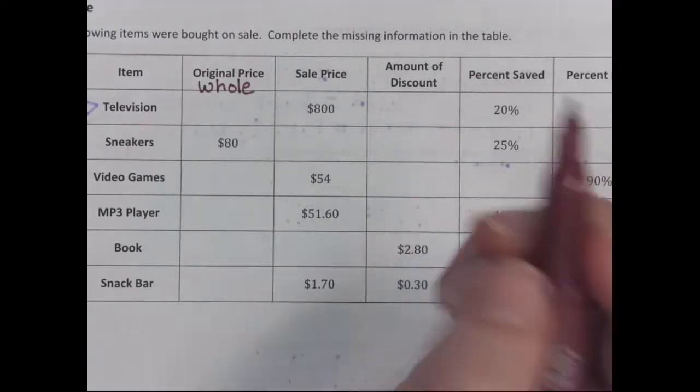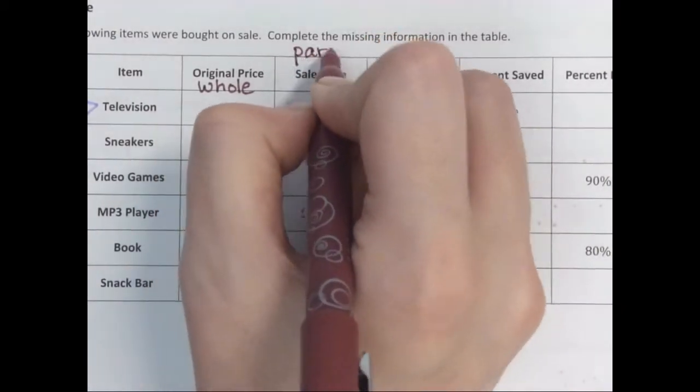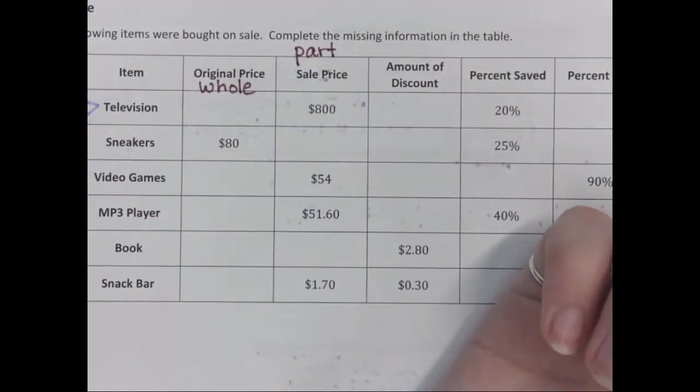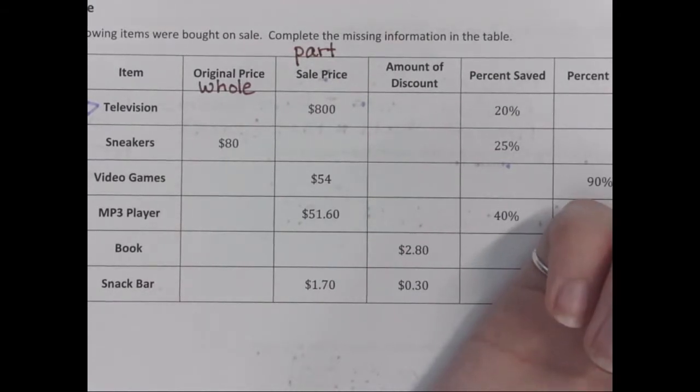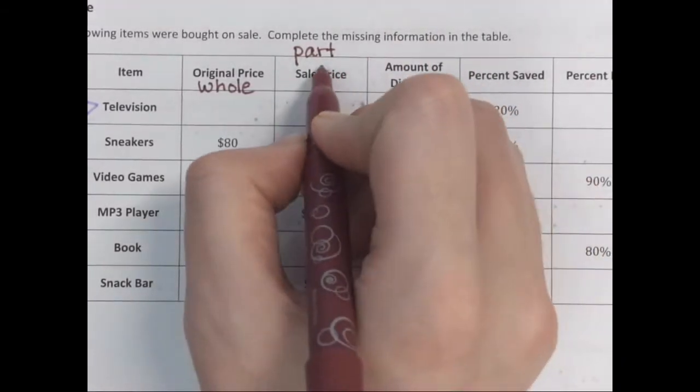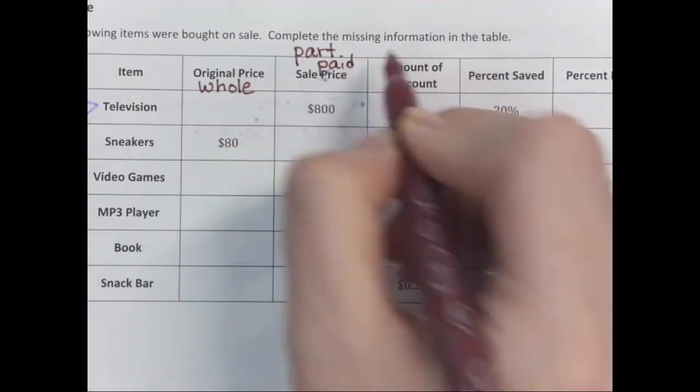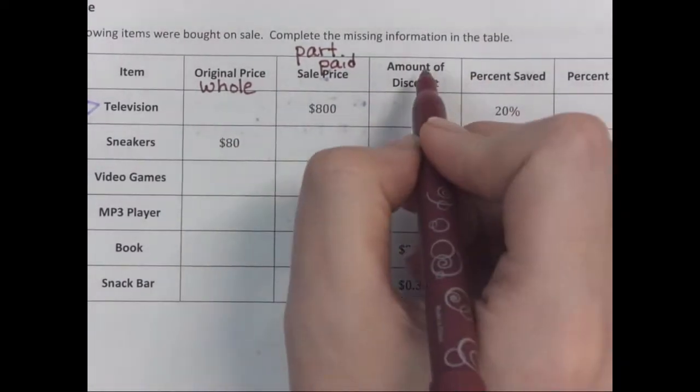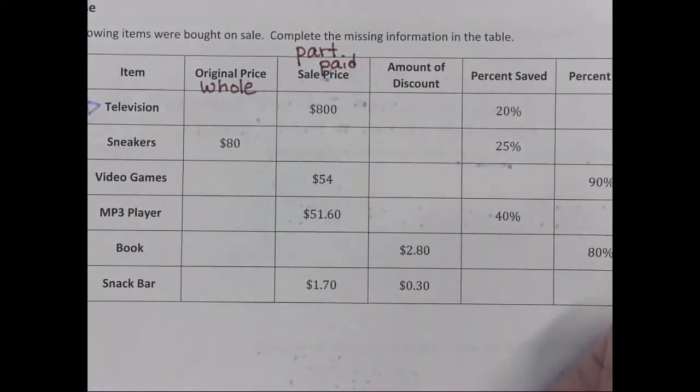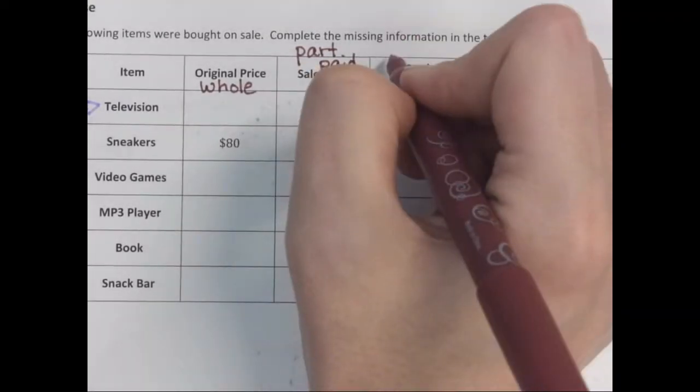The sale price is part of the whole, right? Is it the part you saved or the part you paid? Paid. Yeah, the sale price is the part you paid. The amount of the discount, is that the part you saved or paid? Saved. Yeah, that's the part that you saved. You didn't have to pay it.